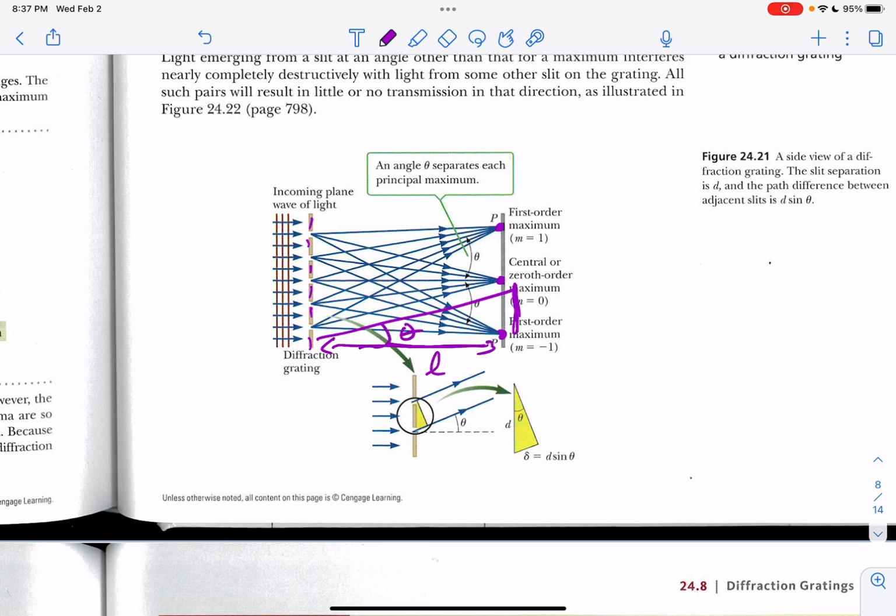And then once you find your angle theta, you can put your angle theta right in there, because d sine theta is the extra distance that the one wave has to travel in order to interfere constructively or destructively with an adjacent wave.